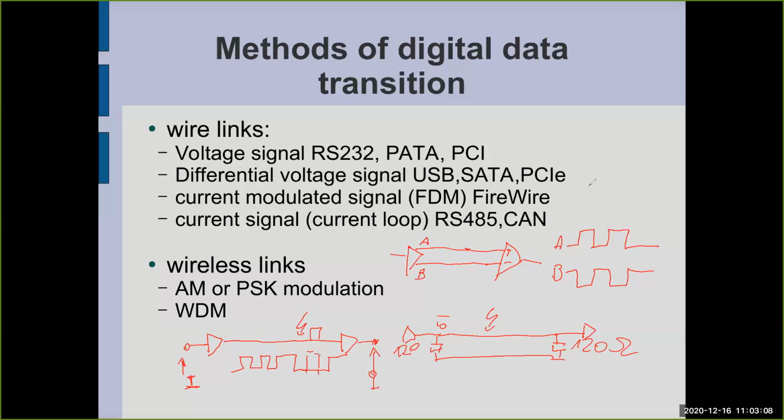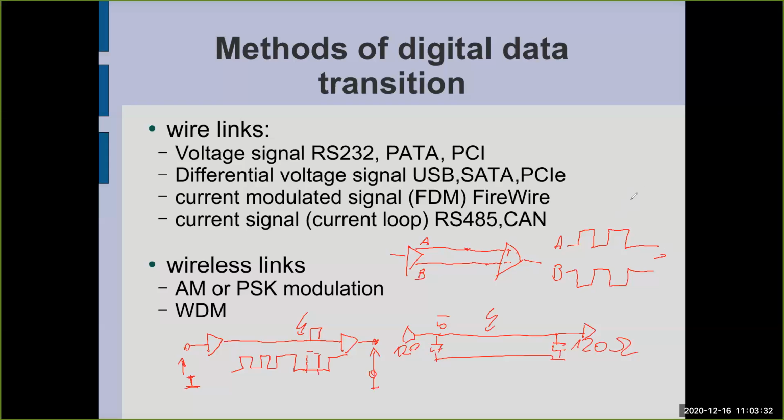In fact, the receiver subtracts the signals. When I subtract B from A, I get a signal which has 2 times higher amplitude.